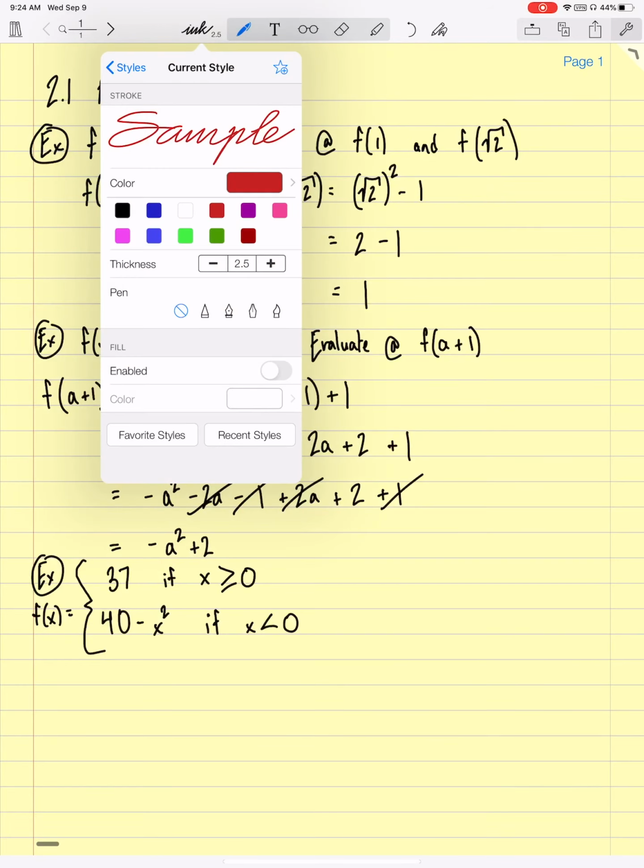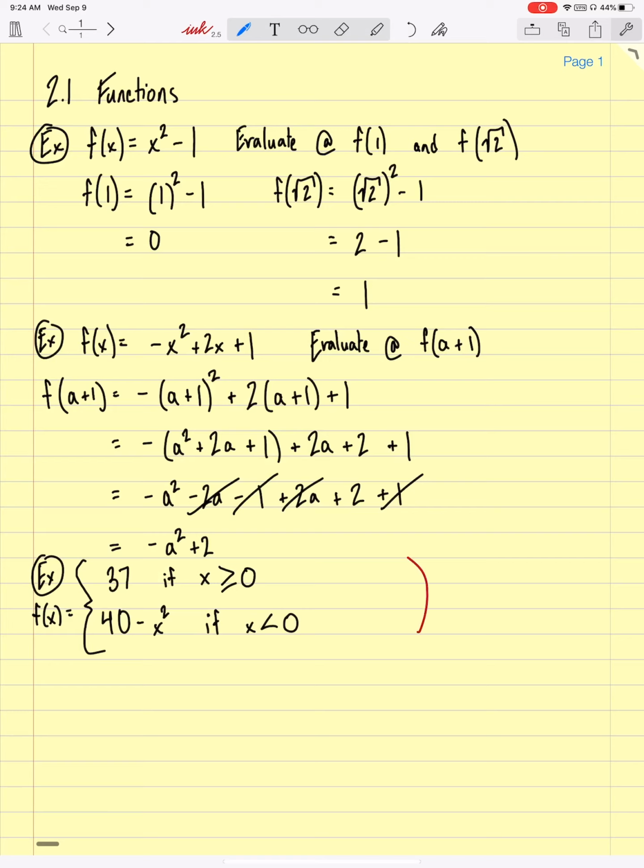These are called domains. We have first a domain of x is greater than or equal to 0, and the second one is x is less than 0.